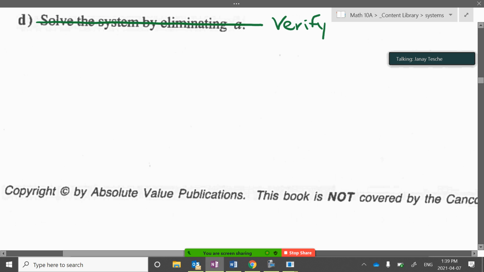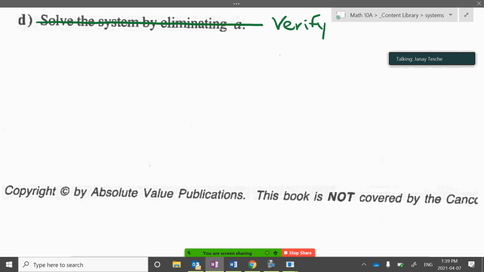Miss Chow loves verifications. I find them personally a little bit annoying and time consuming and not super helpful because often if you got a question wrong, you plug it in and you likely still are going to make a mistake. That just seems to be how it works. But verifications are helpful because if you did it properly, you should see if it works or it doesn't work.